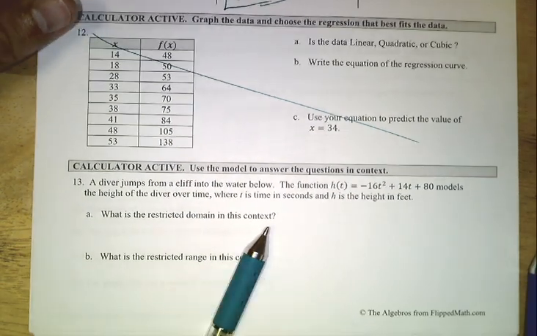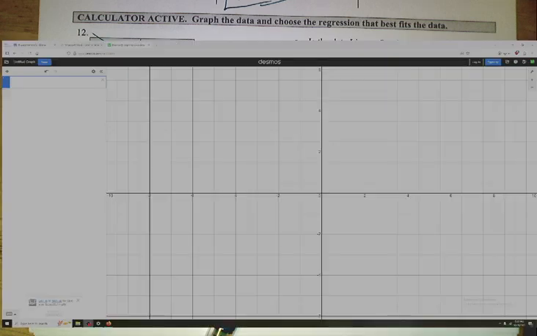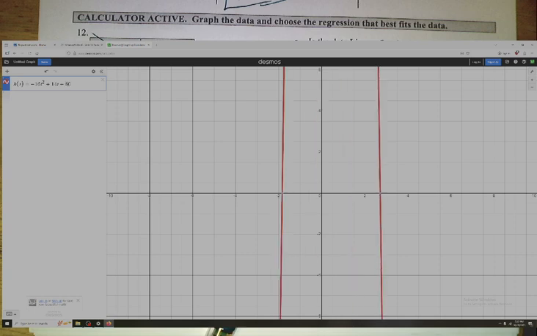So what we can do here is switch over, since it says we can use a calculator. Let's throw up a calculator here, and we can type in our function. So this is going to be h of t is equal to negative 16 t squared plus 14t plus 80.